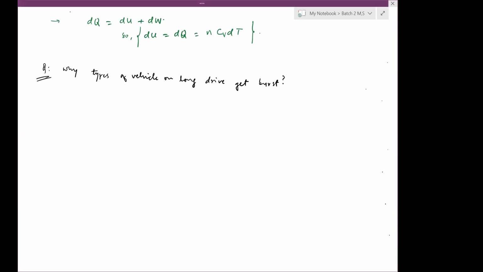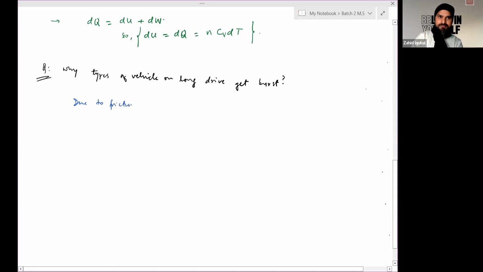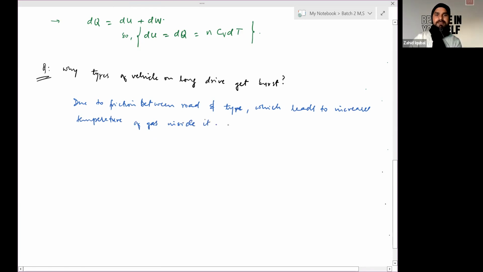Yes, sir. So you'll say, due to friction between road and tire, which leads to an increase in temperature of the gas inside it, and at constant volume, pressure is directly proportional to temperature.